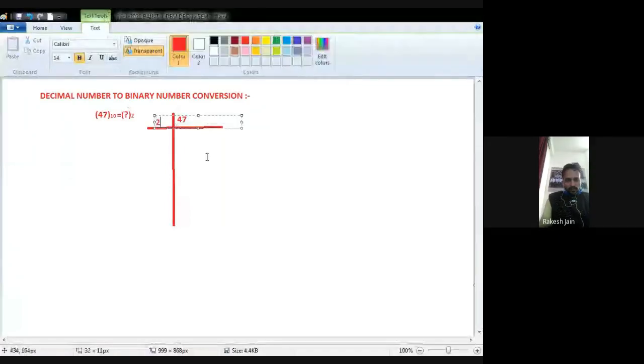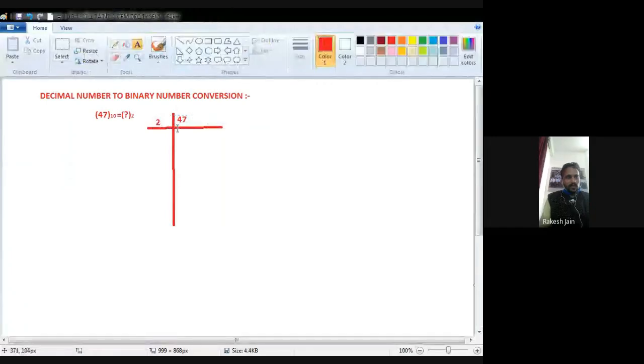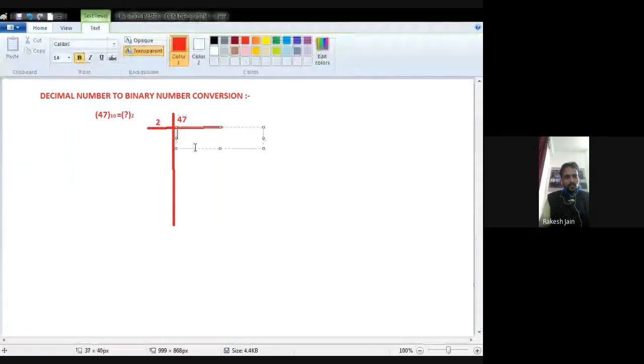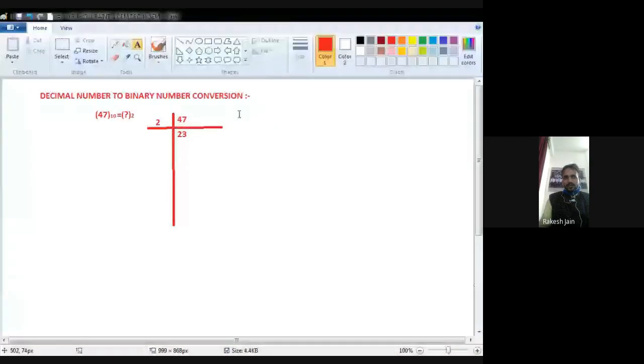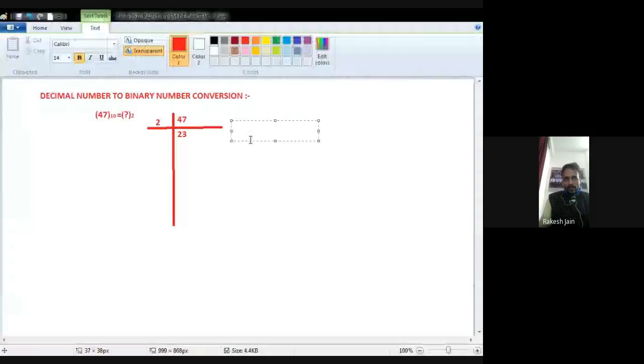How many times will it be fully divided? 23 times. 23 multiplied by 2 is 46. So what is the remaining bit?